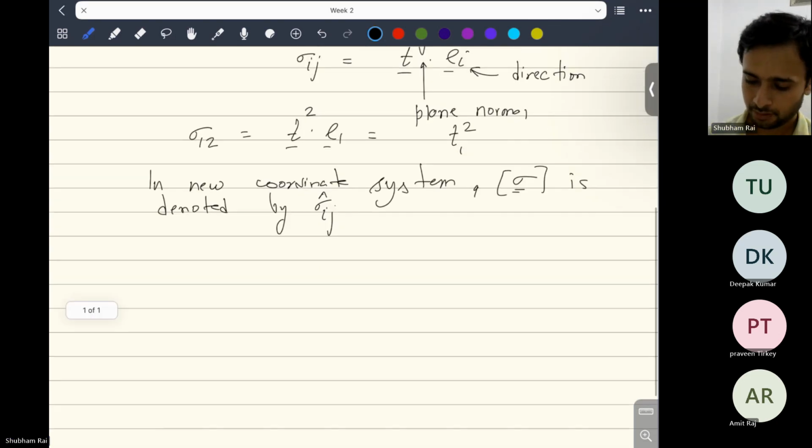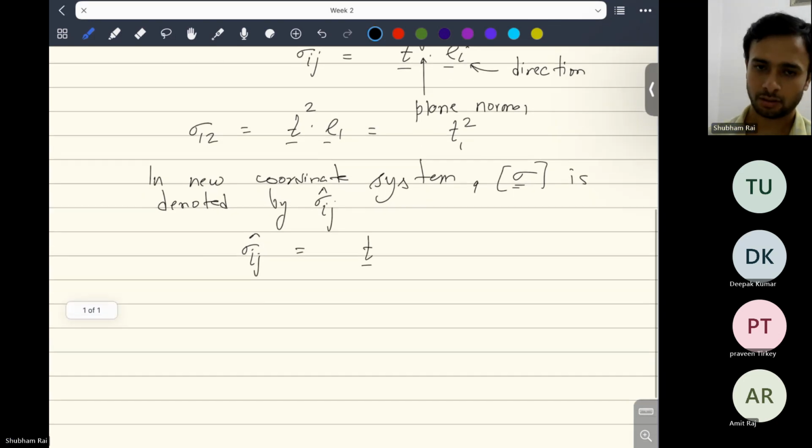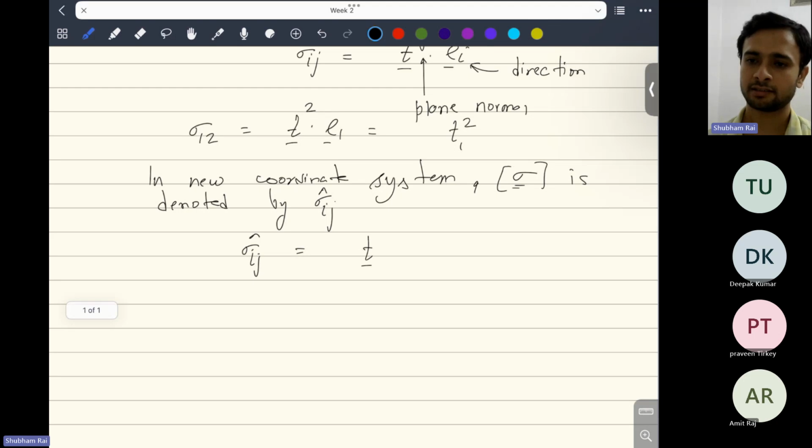So sigma ij hat will be written as traction vector. Now this traction vector will also have to be taken in the coordinate system E1 hat, E2 hat, E3 hat. So traction vector on a plane with plane normal ej hat, dotted with ei hat, right? So that will give you ith component, I mean sigma ij hat.